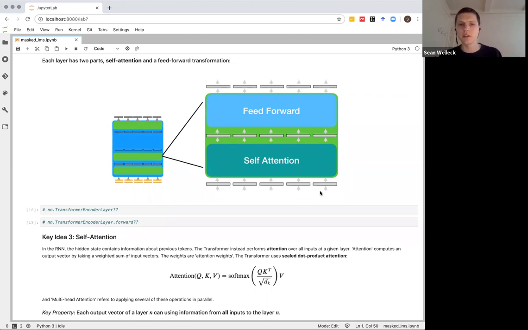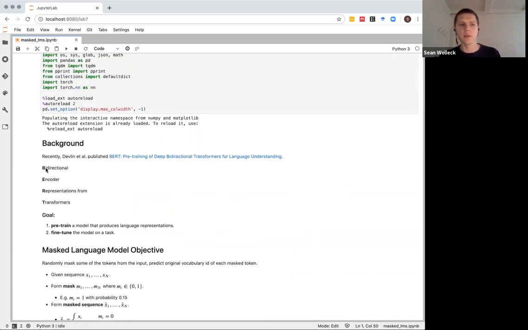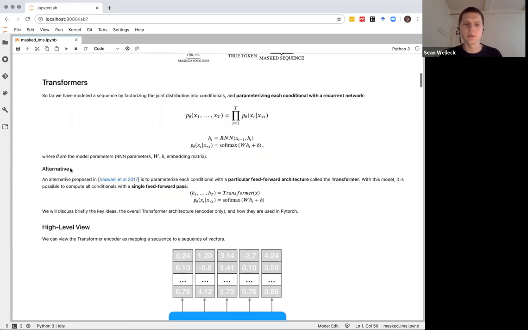Let me jump back real quick. That's actually the bidirectional in BERT. These vectors that we get take into account both directions of context.